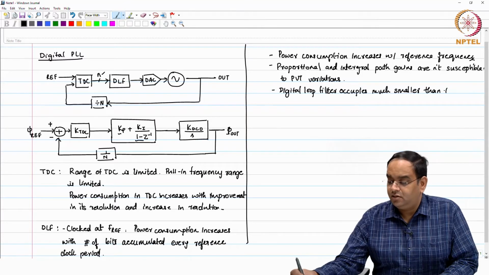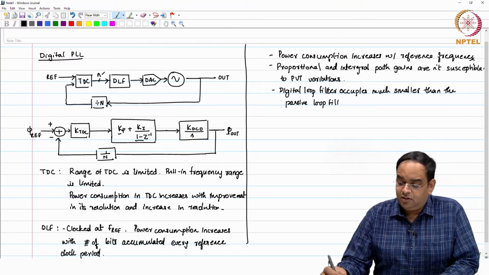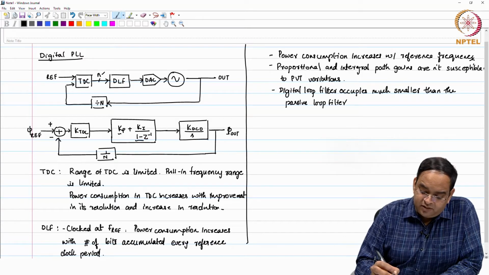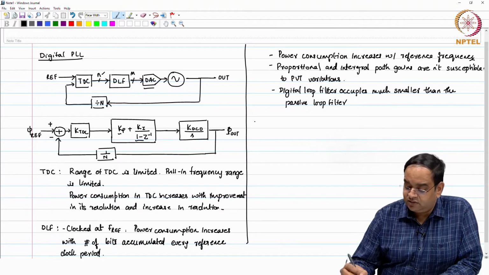Then the passive loop filter. Okay. Now, when you get a certain number of bits at the output of the digital loop filter, the bits are like M, and you cannot drive the DAC directly.